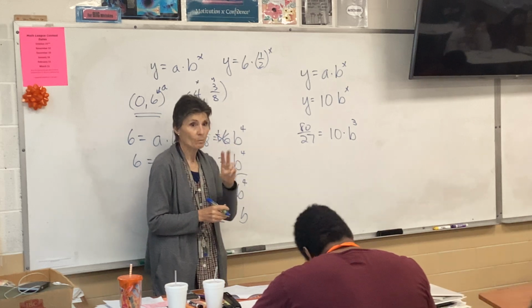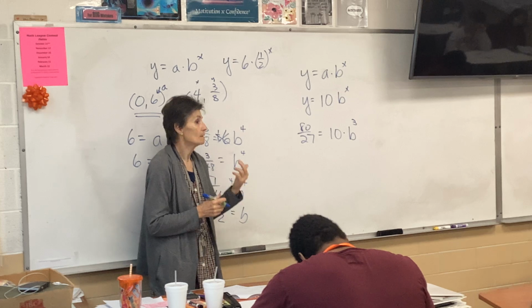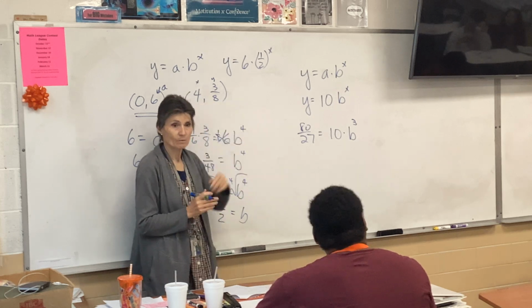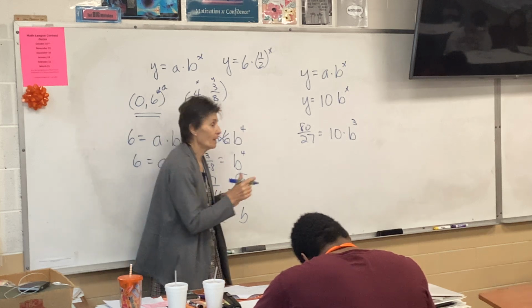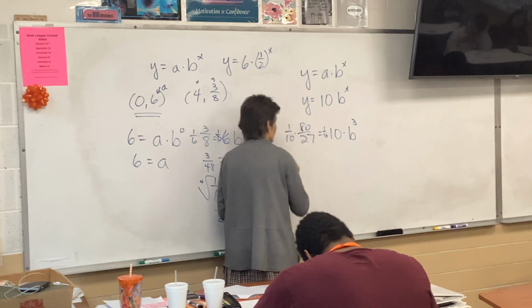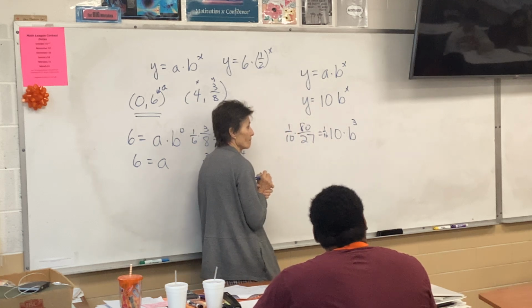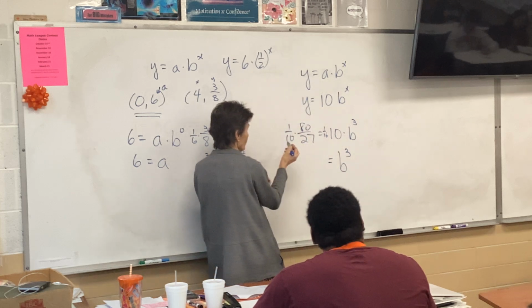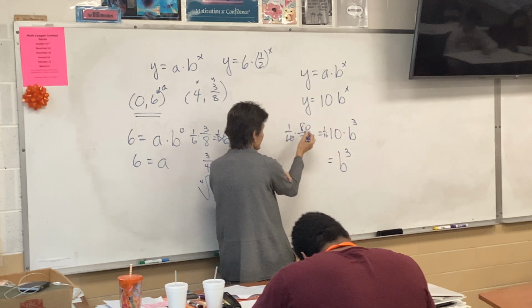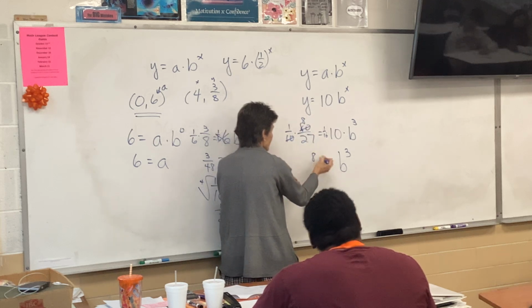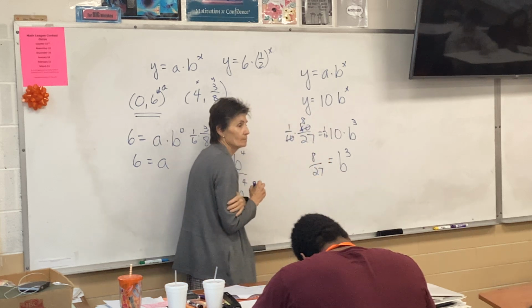We can do that 2 different ways. One way is we can divide by 10. What is the other way? I just did it here. Multiply by 1/10. So b cubed equals, now look, 10 goes into 80 8 times. So this just equals 8 over 27.